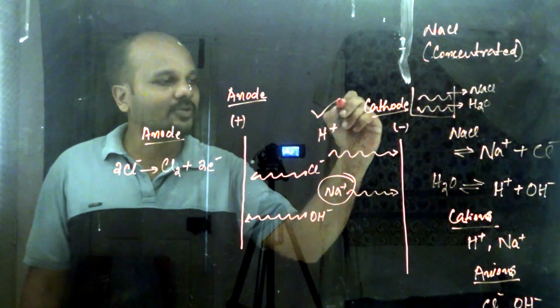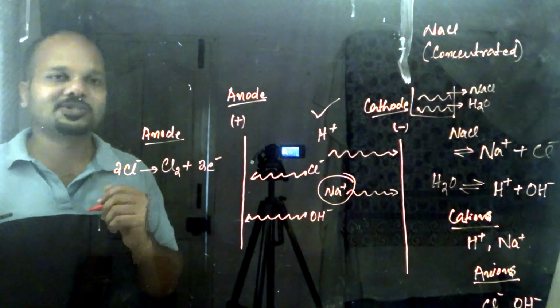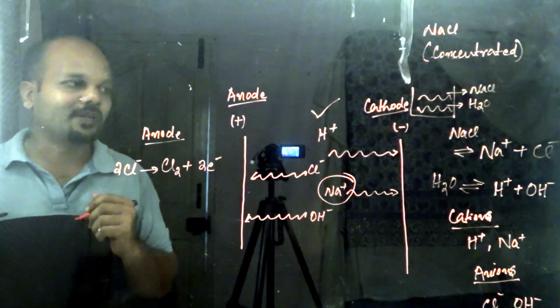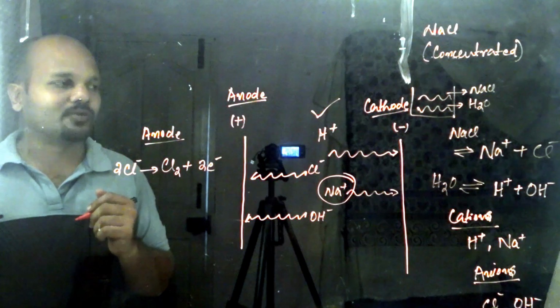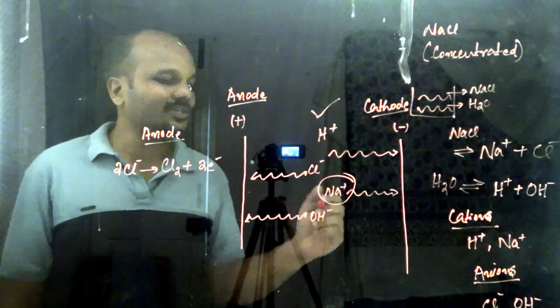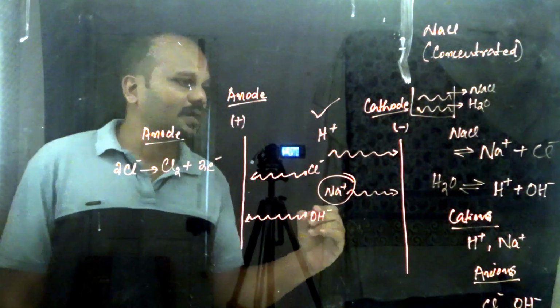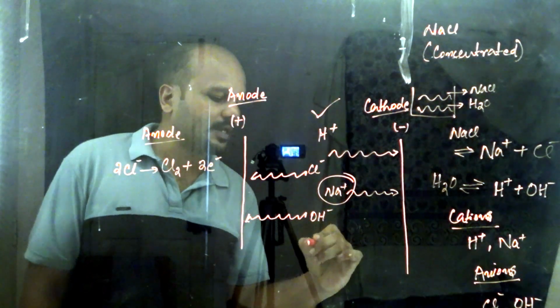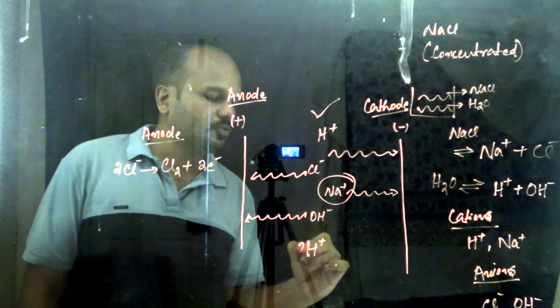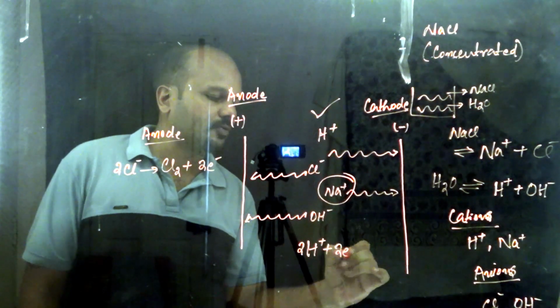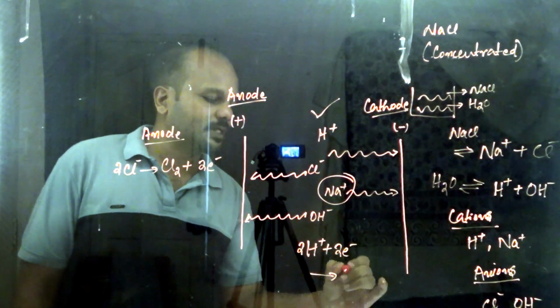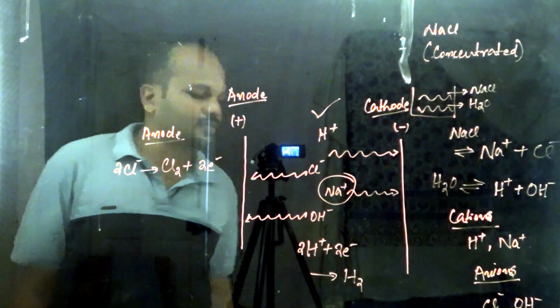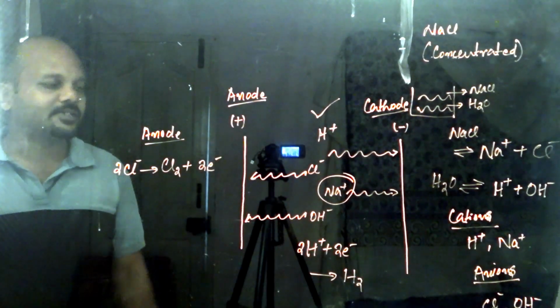H plus ions get the preference. So H plus goes to the cathode, and we can write the reaction as 2 H plus plus 2 electrons gives H2, hydrogen gas.